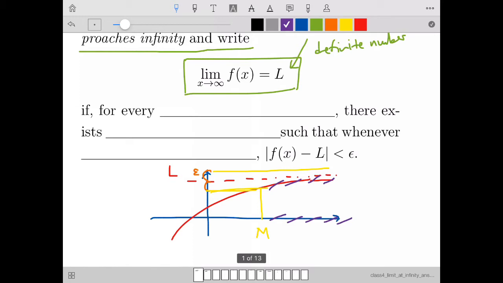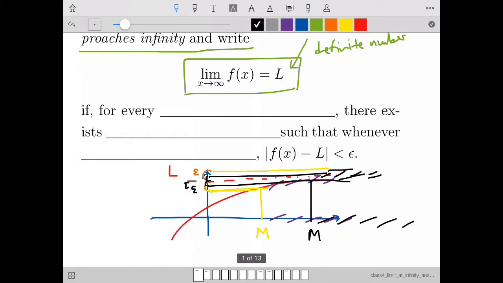This is also true even when I narrow down this band. If I look at smaller epsilon, narrower band, then I can go further and call this number m, and whenever my inputs are bigger than m, my outputs also go into this narrower band.